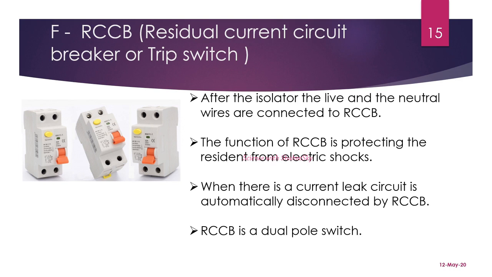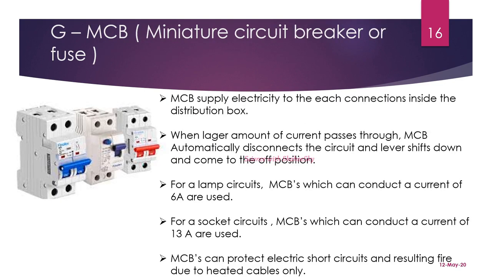And the next device to connect in the household electric circuit is the MCB. MCB stands for miniature circuit breaker, or we can call this a fuse. The MCB supplies electricity to each connection inside the distribution box.